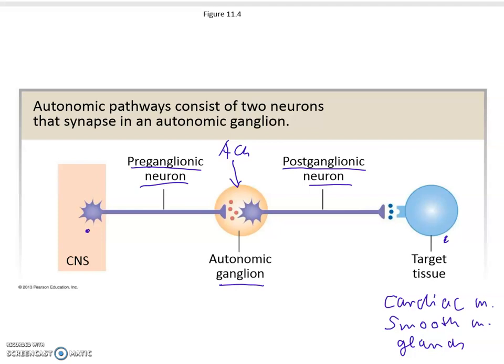Now, the neurotransmitter down here, it just depends. If we're talking about the sympathetic side, then the neurotransmitter we're using is called norepinephrine. If we're on the parasympathetic side, then the neurotransmitter from the postganglionic neuron to the target tissue is going to be acetylcholine.